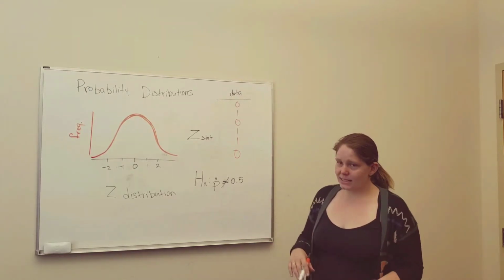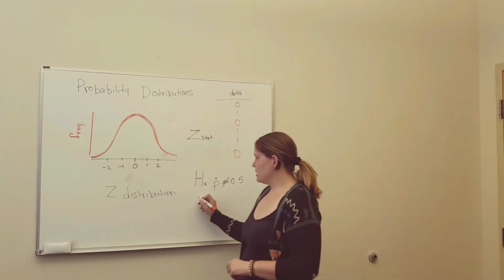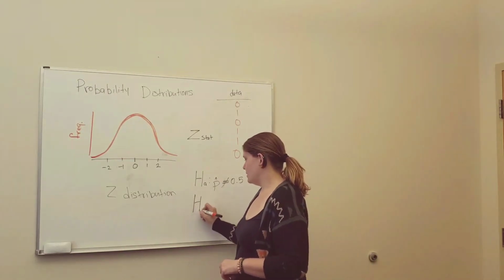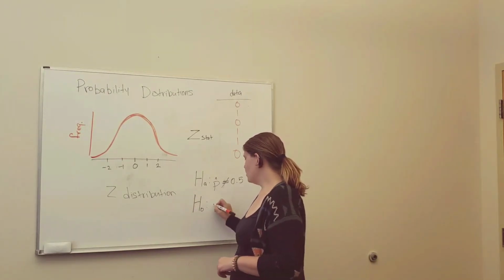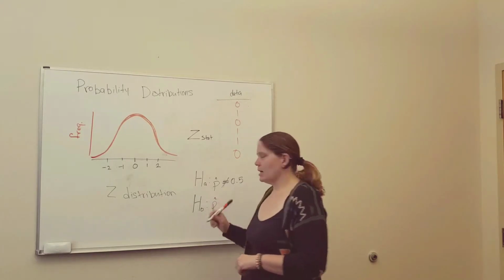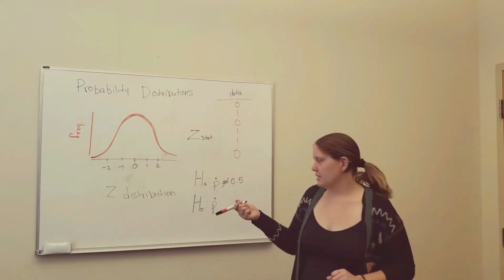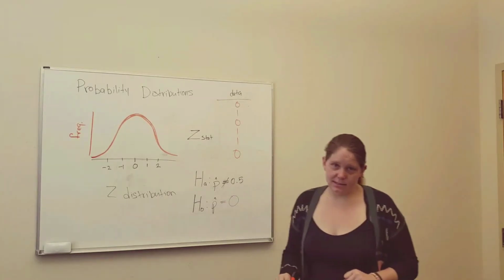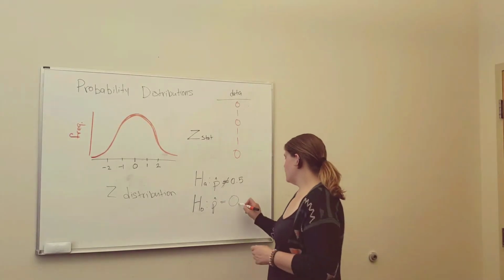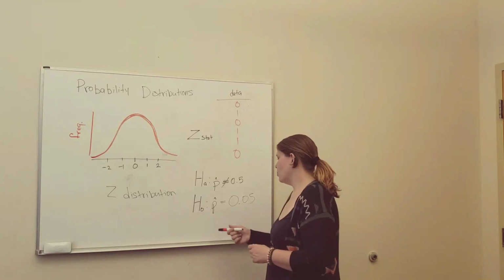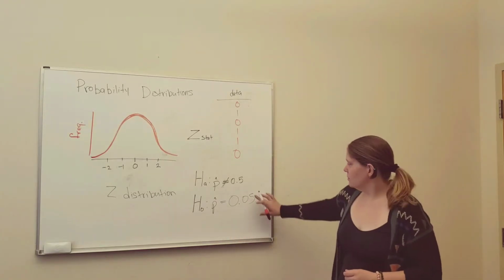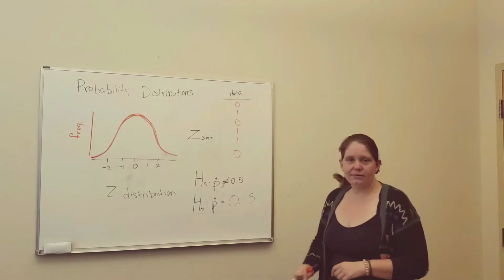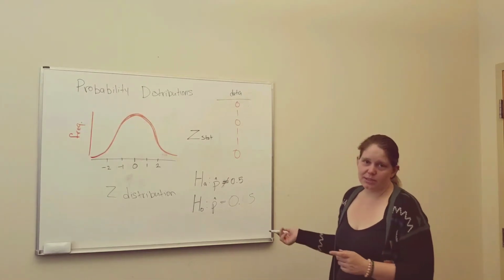But the way statistics are set up, we actually test something called the null hypothesis. And the null hypothesis predicts the opposite of the alternative hypothesis. And what that means is it predicts no difference. So that means it predicts that the probability of being born female would be 0.5, which is 50%, right?